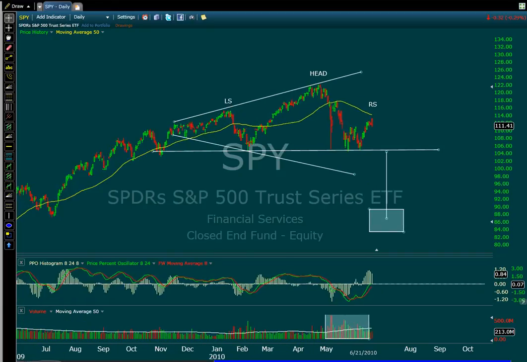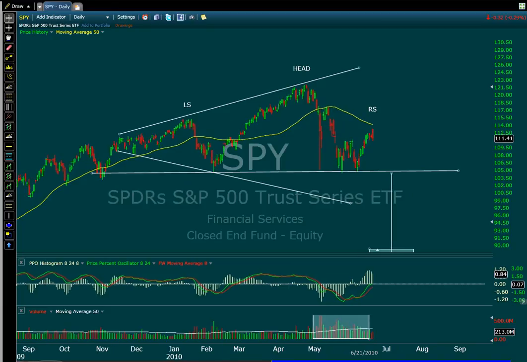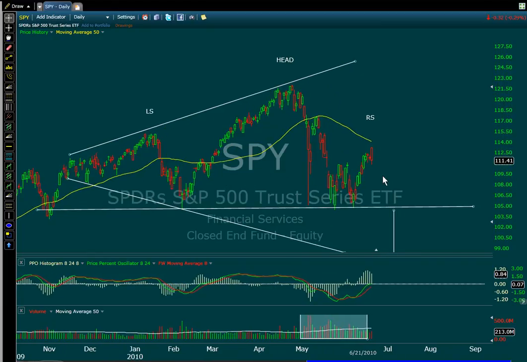Today was pretty much a gap and trap, but what ended up being was a reversal by this candle right here, because it took out the last day's highs and lows.